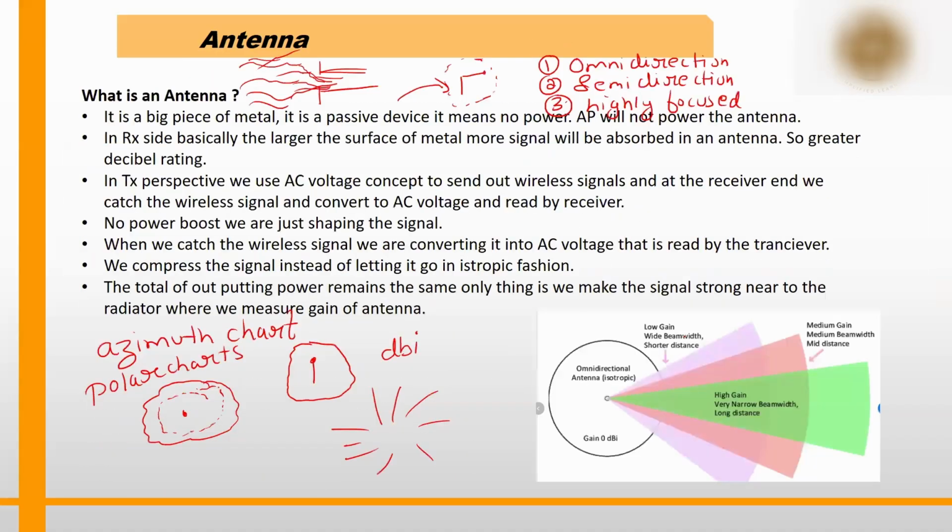In the first picture, you can see this is the beam width of the signal coming out of this antenna. This beam width is high, right? The focus is high, a very narrow beam width. This is the medium size. The third one is a short distance, low gain, wide beam width.